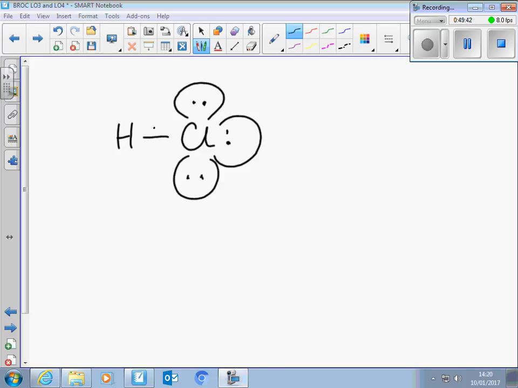The hydrogen's got one, and the chlorine's got one, and they're in that bond. And what that arrow is showing on that diagram is that both of these are becoming a pair on there.